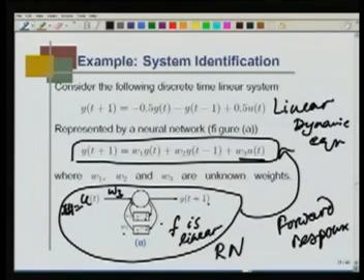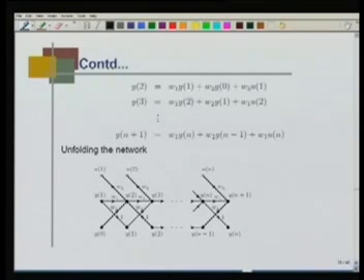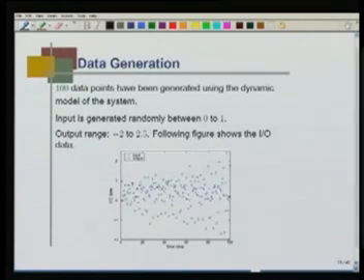So, from the forward response I can write y2 is w1 y1 plus w2 y0 plus w3 u1, y3 is w1 y2 plus w2 y1 plus w3 u2, and so on. This is the corresponding unfolding in time, and we apply back propagation through time using the generalized delta rule.